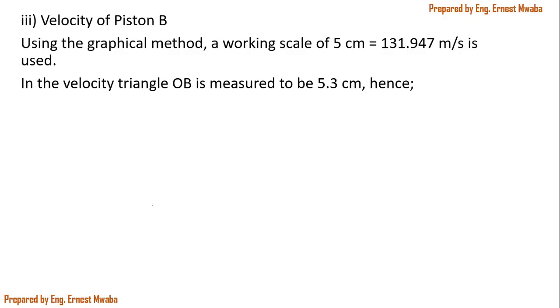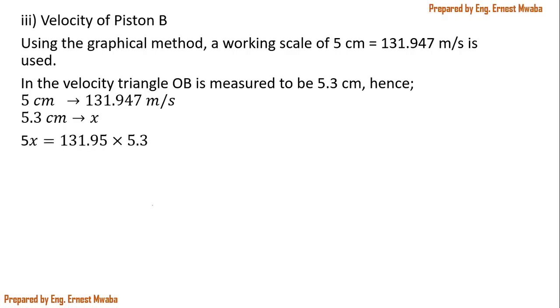So when measuring, it gave 5.3. With that, we go back to our scale. 5 centimeters represents 131.947. What about 5.3? We do the cross multiplying, and our answer becomes 139.87.